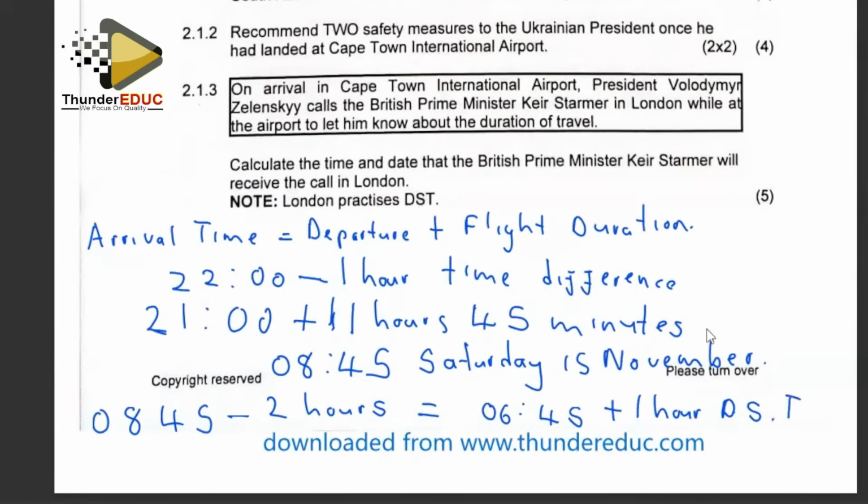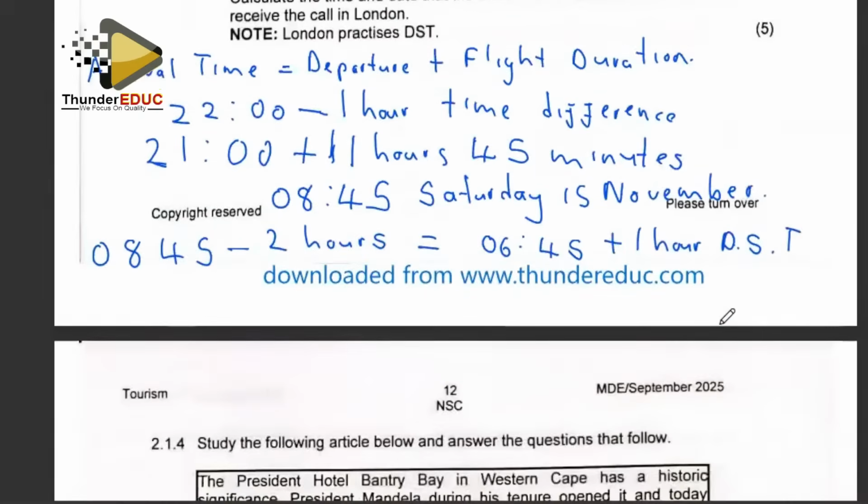Remember, London is using DST. So plus 1 hour DST gives us 07:45. So the call was made at 07:45 on Saturday. On the same day, Saturday, 15 November. So that is the time when the call was made.